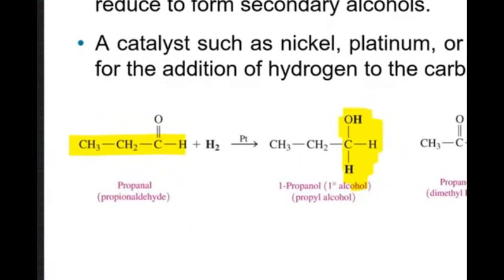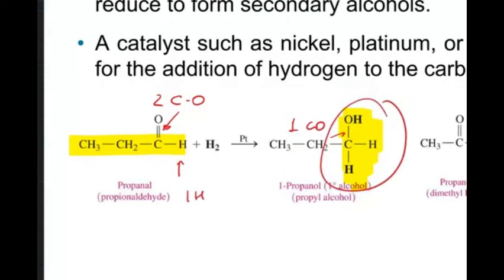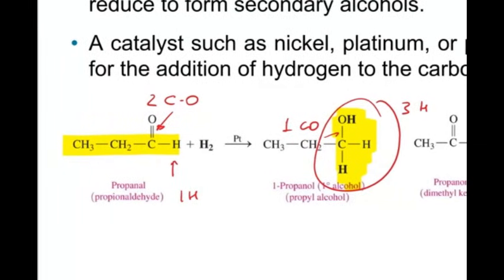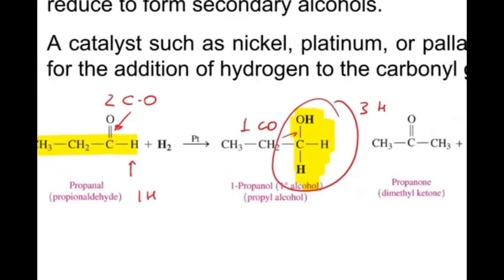How many carbon-oxygen bonds are in here? 2. How many carbon-oxygen bonds here? So less. How many hydrogens are in this group? 1 hydrogen in aldehyde. How many hydrogens are here? 3. Does that make sense? So when you reduce an aldehyde, you get a primary alcohol.